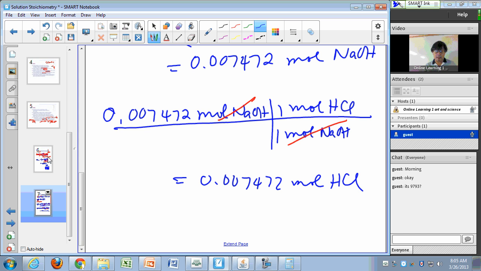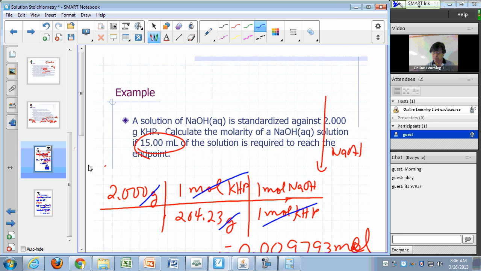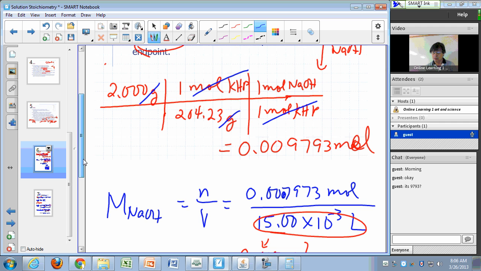So that is stoichiometry. Let me just go back to the previous one. I think I may have made an error in my decimal place here. Do I have this number right?